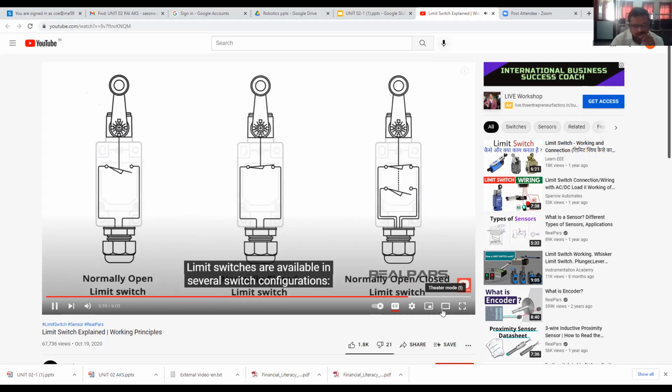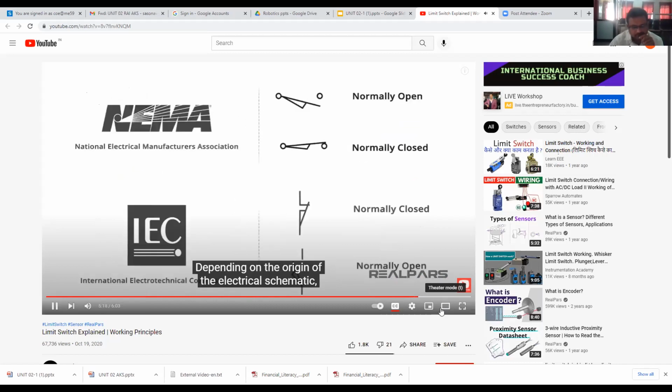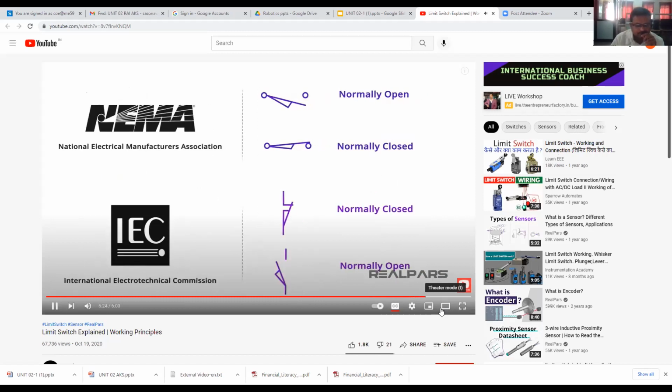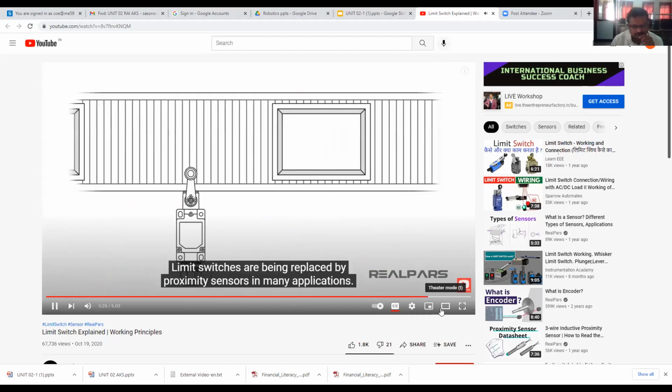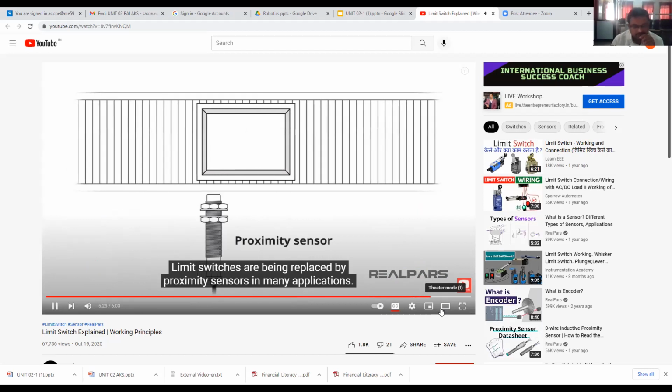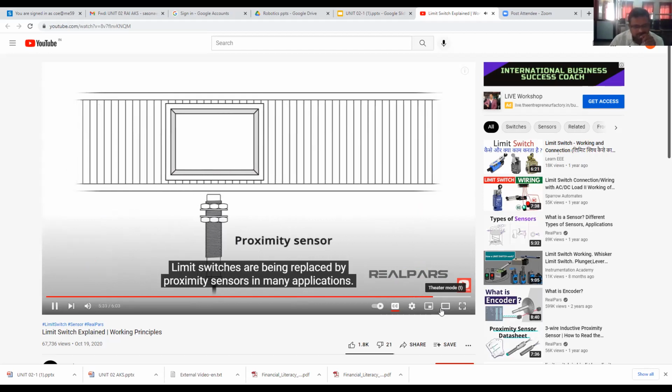Limit switches are available in several switch configurations: normally open, normally closed, or one of each. Depending on the origin of the electrical schematic, you may see limit switches drawn in different ways. Limit switches are being replaced by proximity sensors in many applications.